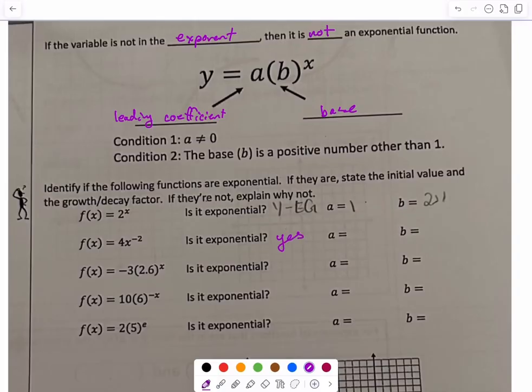No, sorry, exponential, we would say no, because the x is not in the power.